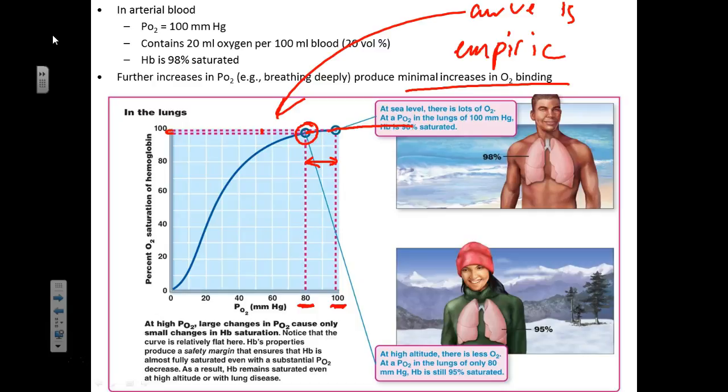I don't really know the numbers, but let's say it's going to be like 60. So in this case, what's going to be the saturation? 90. This is bad. This is really bad. This is severe hypoxia. People can lose consciousness over that. That's why the mountain climbers, when they go to Everest, actually have to carry the oxygen tanks with them, because they just can't function at this level. Does that make sense?